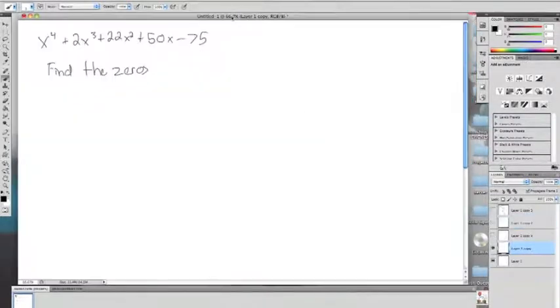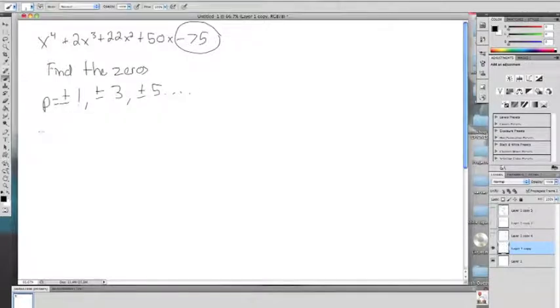Alright. Now what we're going to do is find the zeros again for a much harder question. For this one, you can't easily tell what makes it equal to 0. So if you remember when we did this with p over q, all the factors of 75, we went plus or minus 1, plus or minus 3, plus or minus 5, and so on.